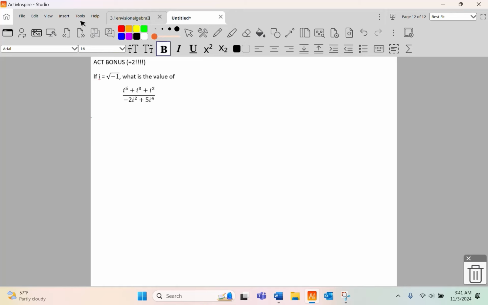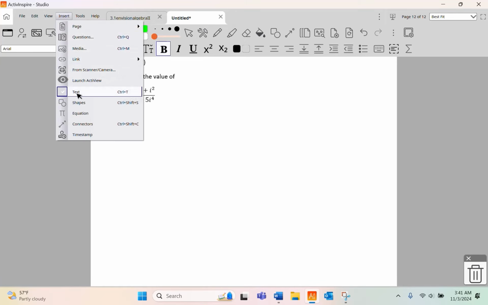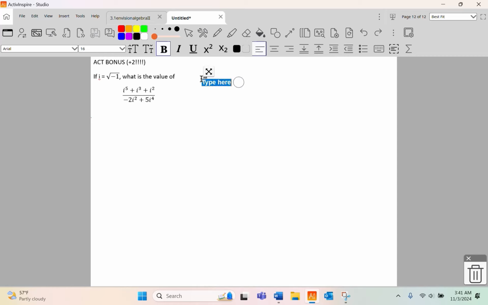All right, so how do I do this thing right here? I do this through just rote memorization. Of course, I tell you what i is, and i to the second is -1. i cubed is -i. i to the fourth is 1.